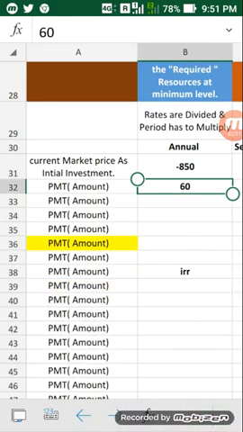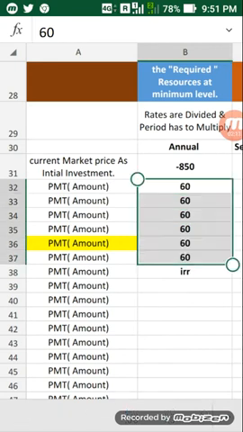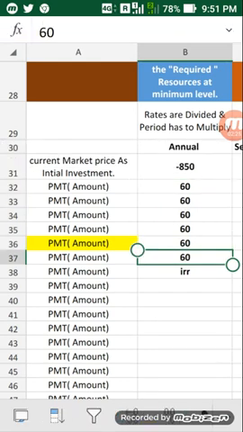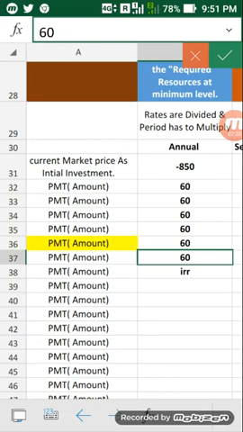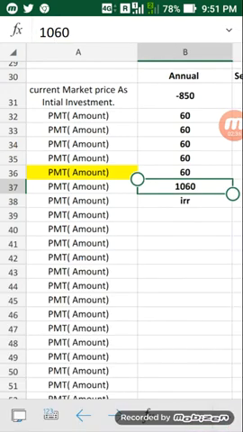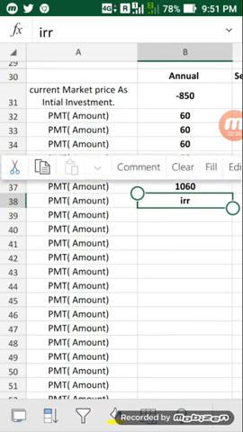So you write rupees 60 five times, but in the last row we will give 1060, as we are receiving rupees 1000 plus rupees 60, and then we will calculate the IRR rate.